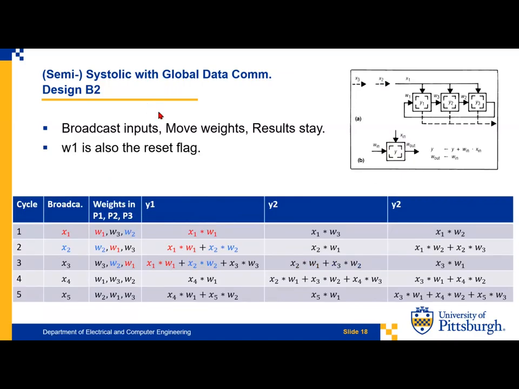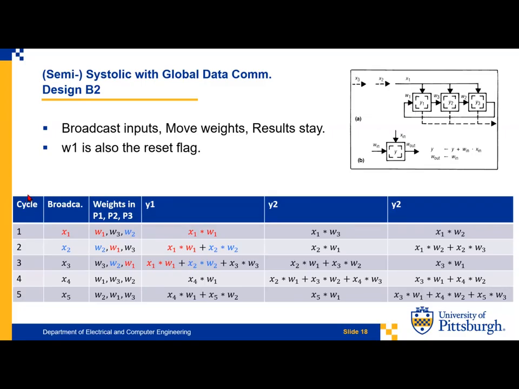Okay. And in the paper on the systolic array, they also propose another architecture, the B2 type. Yeah, it also broadcasts the input and moves the weight. The weight will rotate among all the elements, and the results will stay in each processing element.